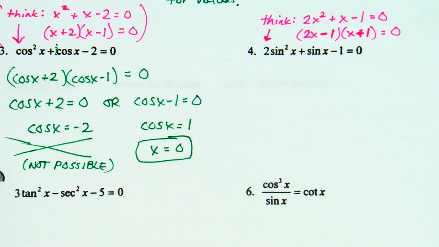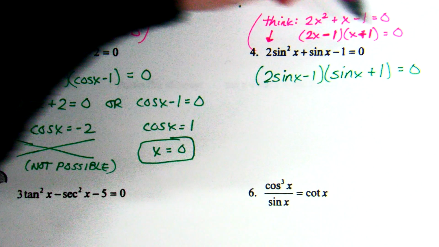Ready for number 5? Tangent squared x minus secant squared x minus 5 equals 0. Thoughts?